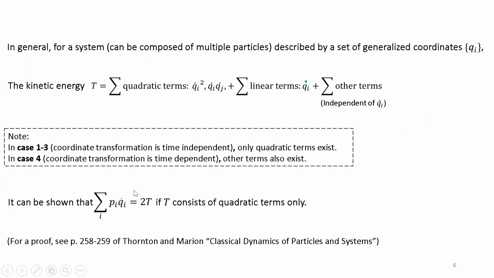So it can be shown mathematically that if the kinetic energy only contains the quadratic term, then this sum will be equal to 2 times the kinetic energy. So skip the proof for now, you can refer to the textbook.